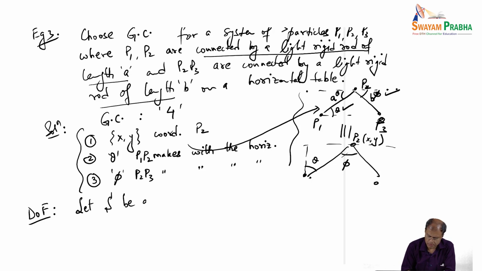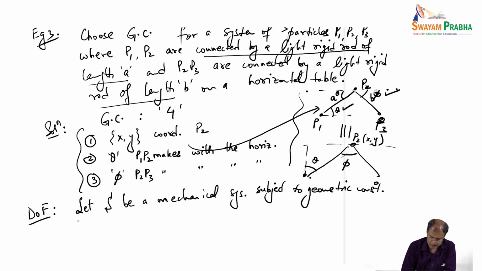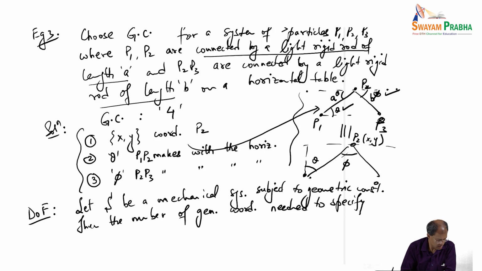Let S be a mechanical system subject to geometric constraints, then the number of generalized coordinates needed to specify S is called the degrees of freedom of S.